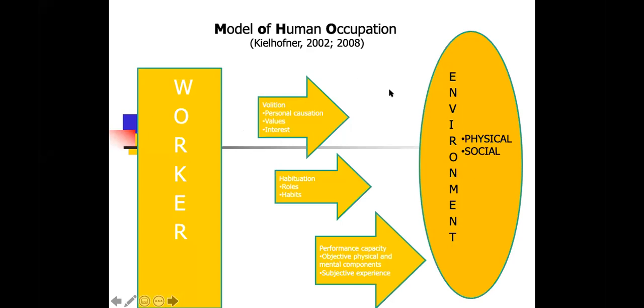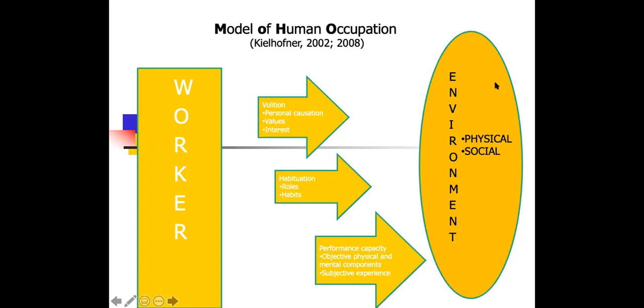I like this one, the model of human occupation, because of Kielhofner, they call him the father of OT. 2002-2008, this is a theory. Theory is something that has assumptions and hypotheses. If a worker is injured, having injuries, surely they are going to have an issue of volition, habituation, and performance capacity.